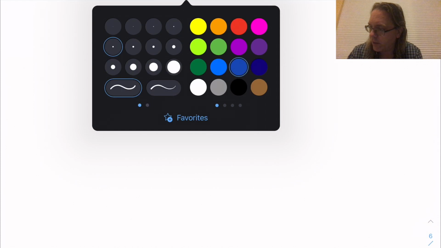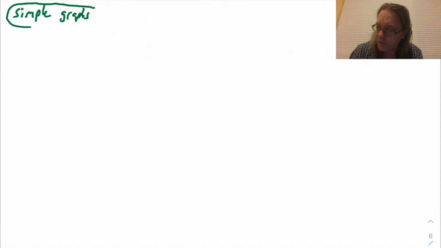So, let me just comment at the start here that for the purposes of this lecture, I'm going to assume that I'm working with simple graphs. The effect of parallel edges or loops is only to add a little bit of complexity in the discussion.